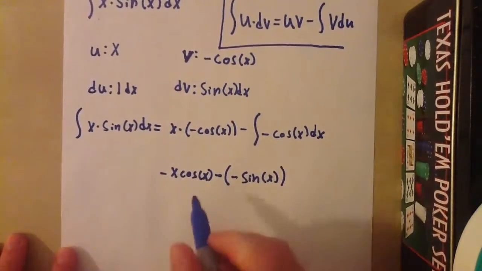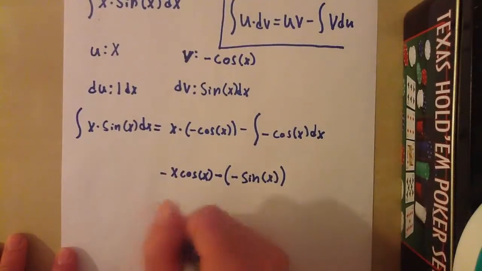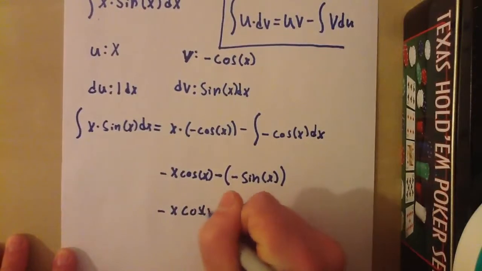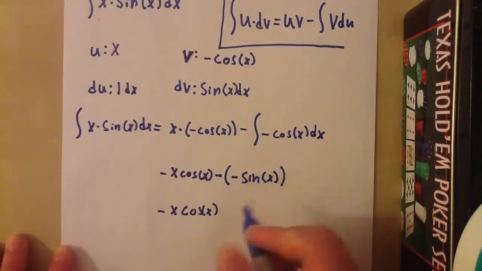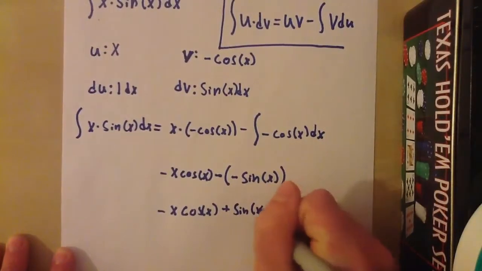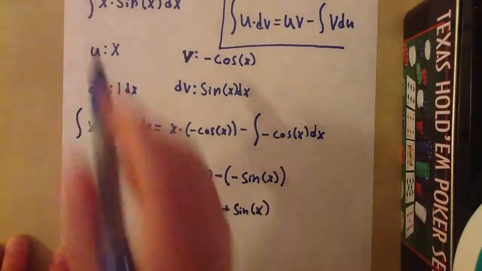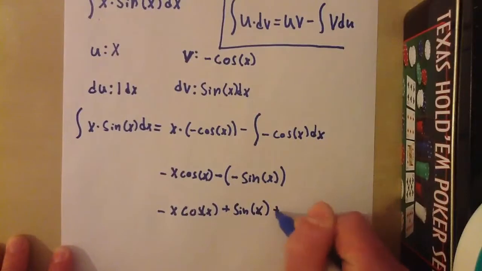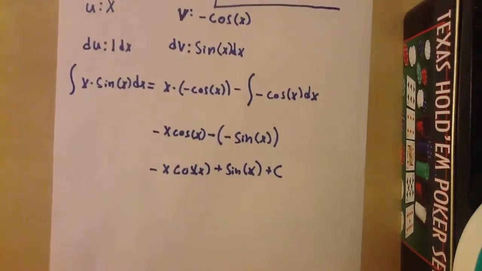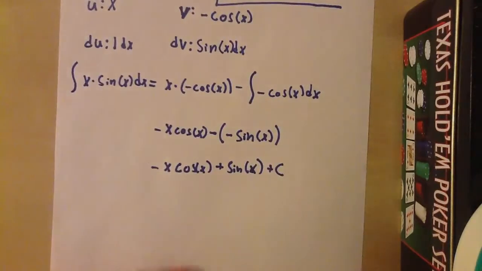Let's simplify this even further. We have negative x cosine x minus the negative, plus sine x. Since this is an antiderivative, never forget to add C. So that's pretty much it.